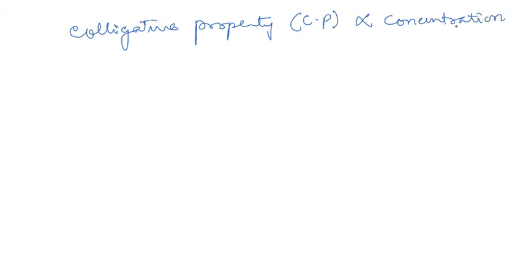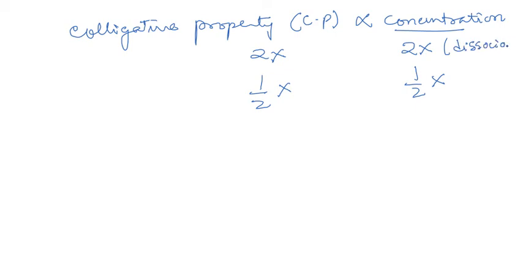So if the concentration increases by 2 times, the colligative property should also increase by 2 times. If the concentration is halved, then the colligative property should also be halved. Normally the concentration increases if there is dissociation.